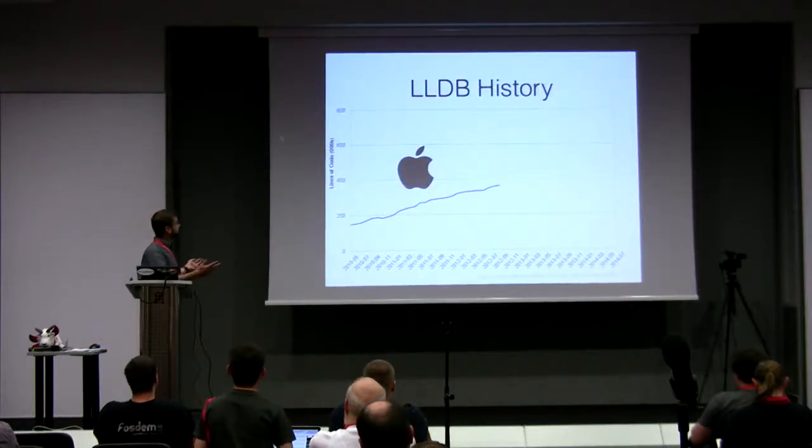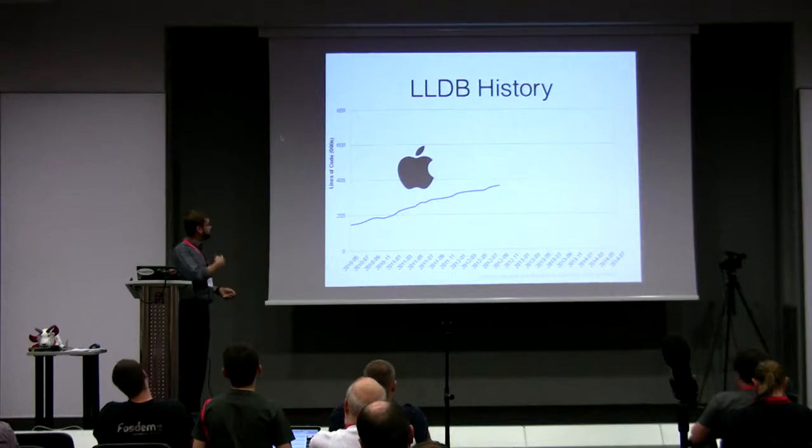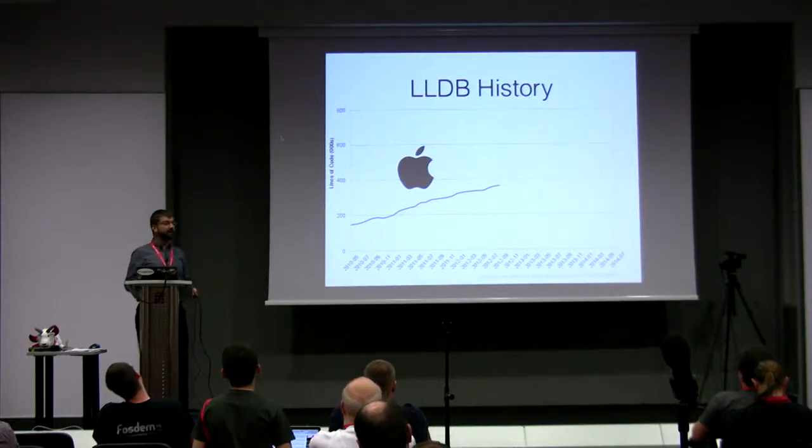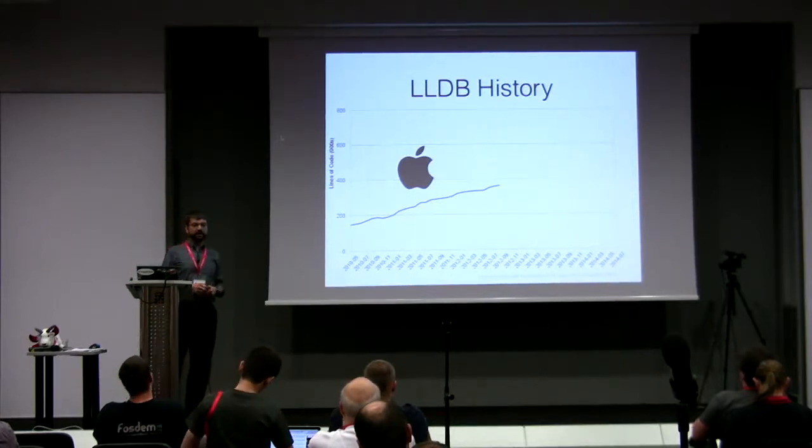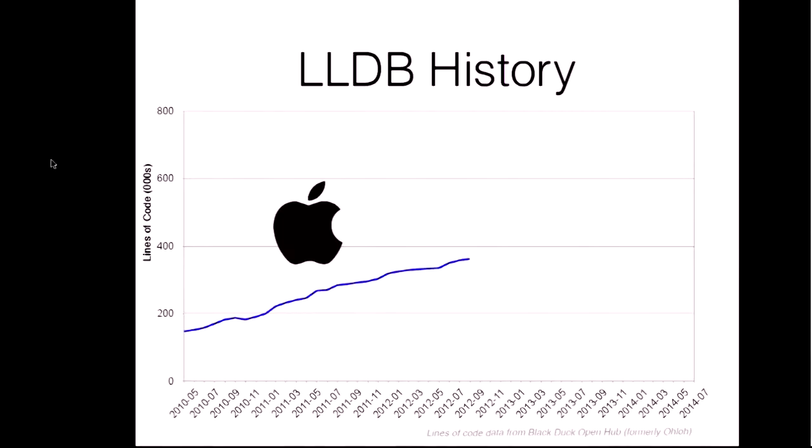So just looking briefly at LLDB's history, this chart represents lines of code data from Black Duck Open Hub, which used to be called Ohloh. From mid-2010 to about mid-2012, it was really an Apple project.